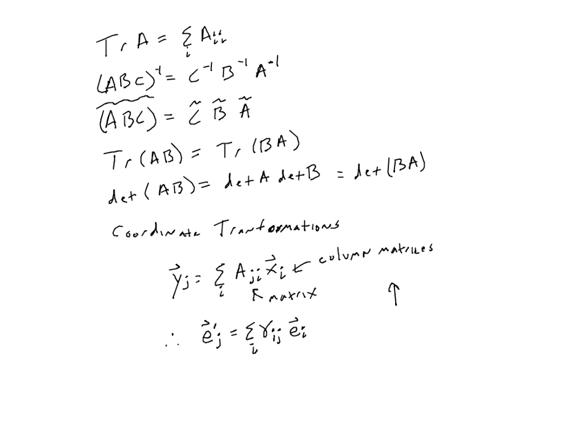We can take a system where our basis vectors are written like this and turn them into a system where our basis vectors look like this. And that would just be a simple rotation. And so here, this gamma matrix is the ith component of e prime j in the e system.